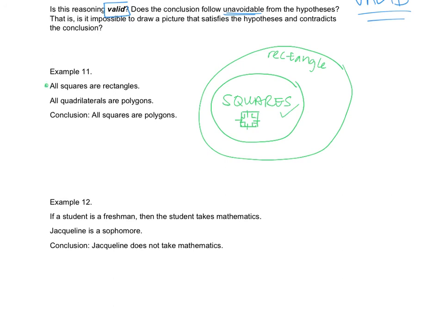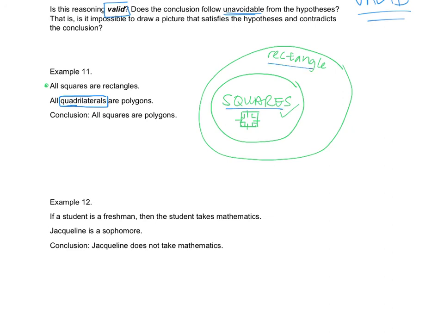We have our picture. Now it says all quadrilaterals are polygons. Quadrilaterals, if you're not sure about that word, has this little prefix here, quad, meaning four-sided shapes. If you look at this, we have squares and we have rectangles. Those are four-sided shapes.